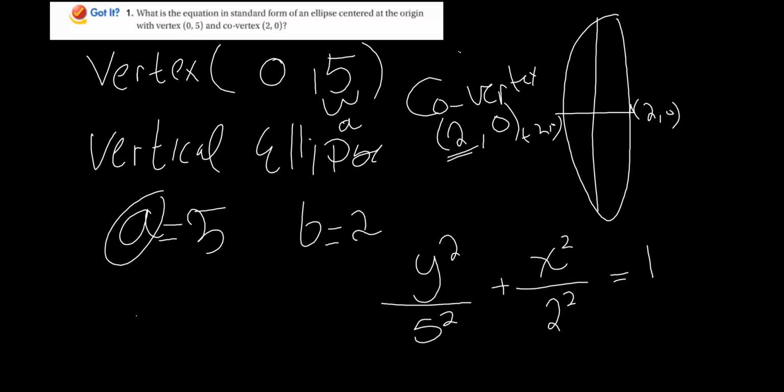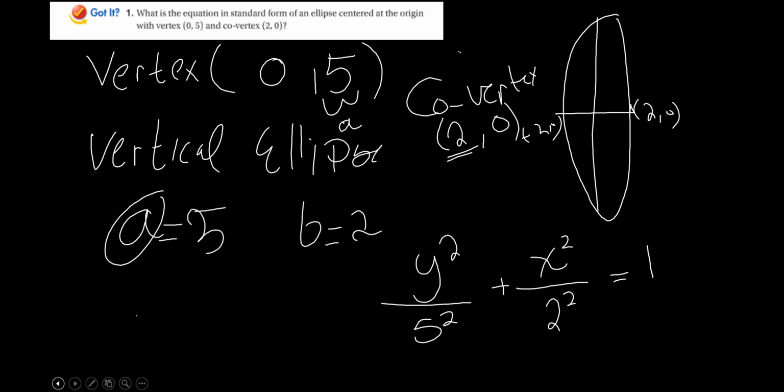Yes, Rose. Can you explain again what you mean about the one? The one, we don't change it. In every equation we write, it equals 1. We must write just 1.